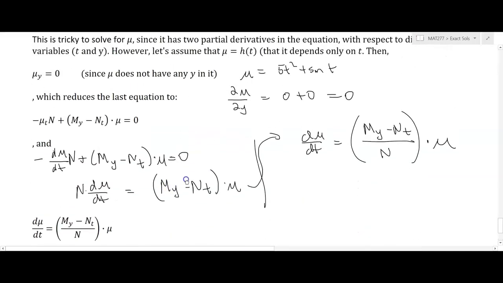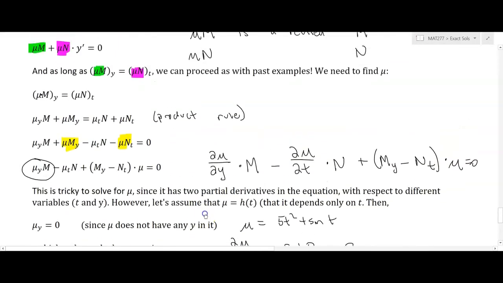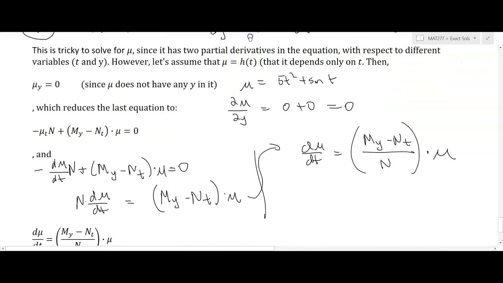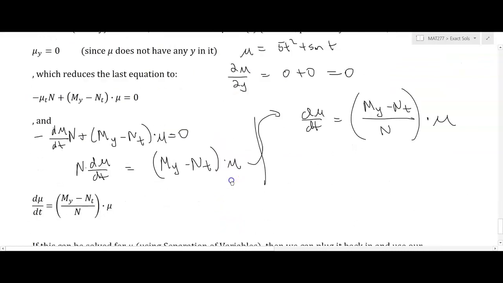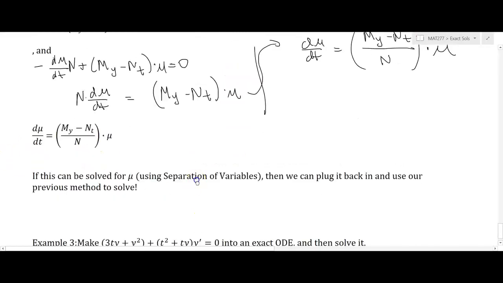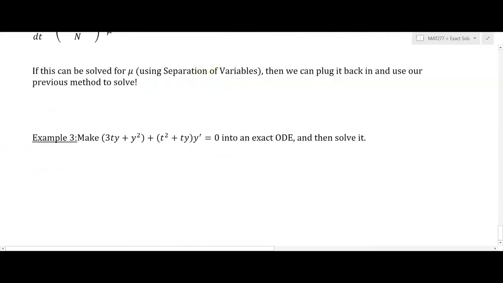Once we know that value of mu, all we have to do is multiply it to the M function and the N function and go about solving this the exact same way we just did. The only extra step here is to find the value of mu first. So this is an important equation to keep in mind. I know there's a lot happening here, but you have to focus piece by piece.